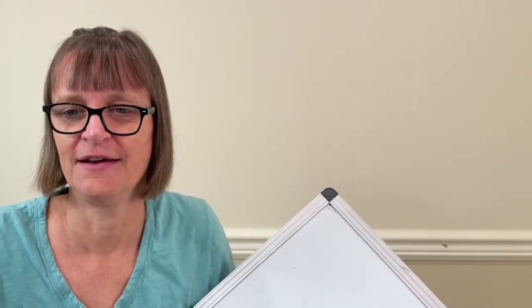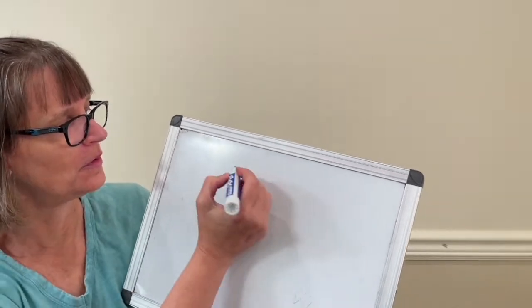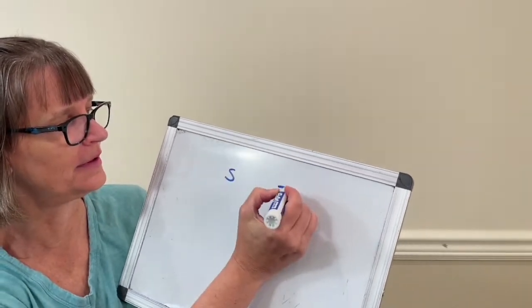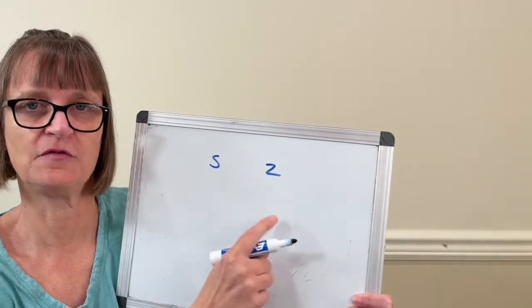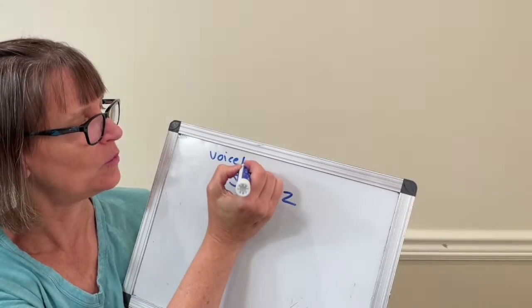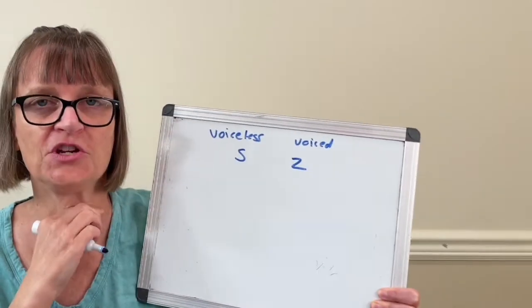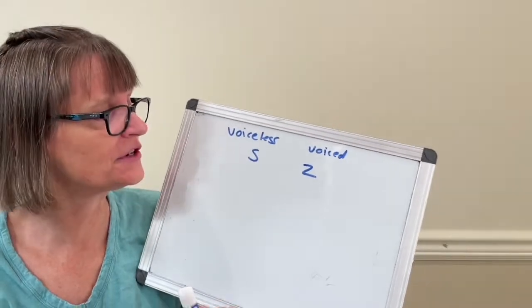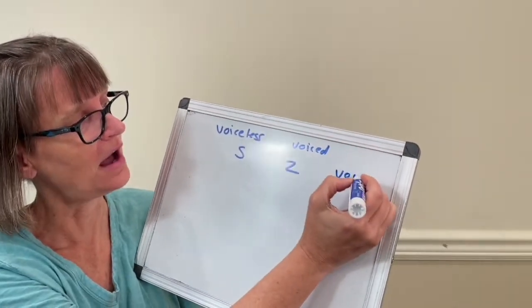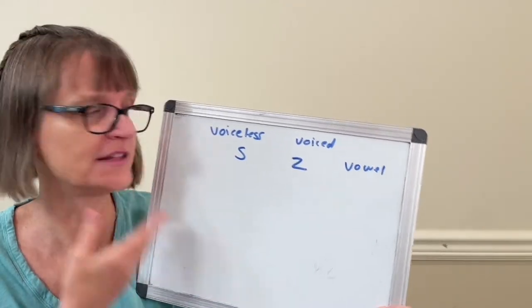Okay, good. All right, so one more quick talk about voicing. We have voiceless sounds and voiced sounds. And the difference is whether or not I have vibration here. So all vowel sounds are voiced. If I'm saying ah or e or o, I have to be vibrating here for that sound to come in.